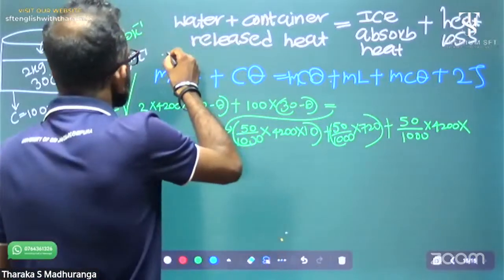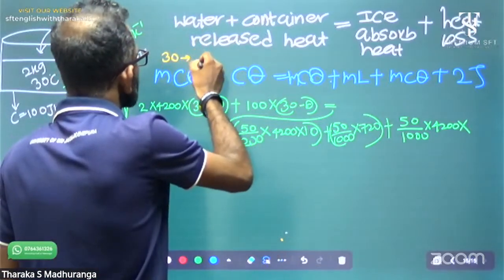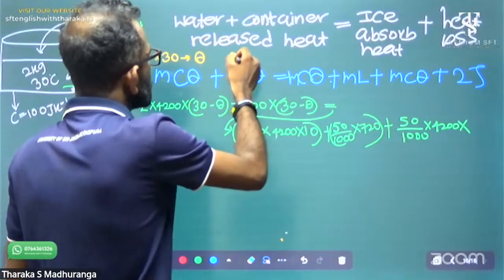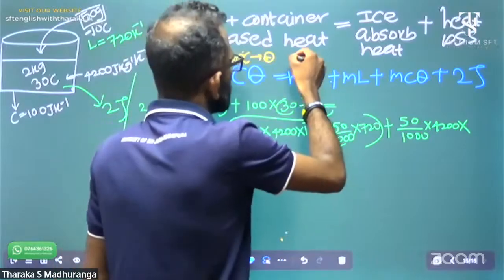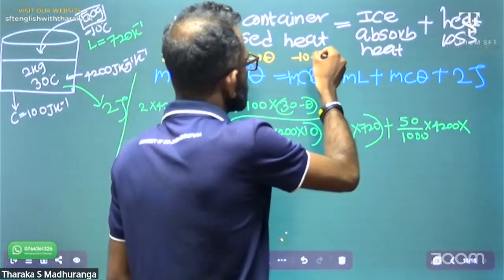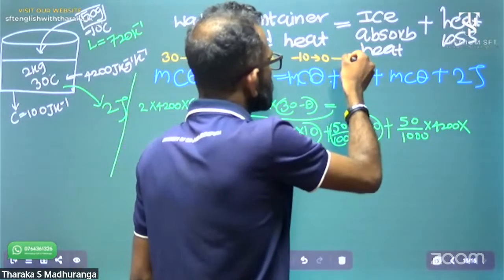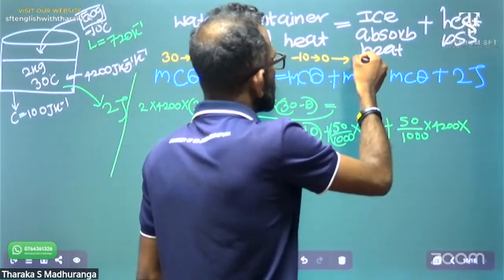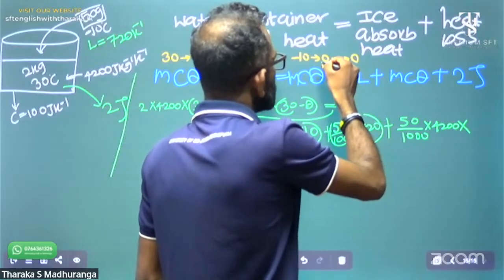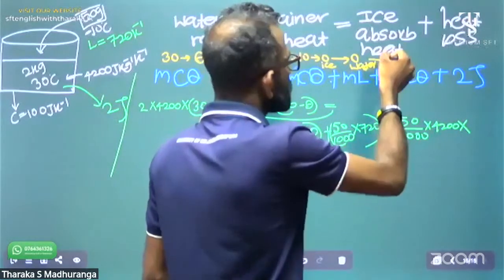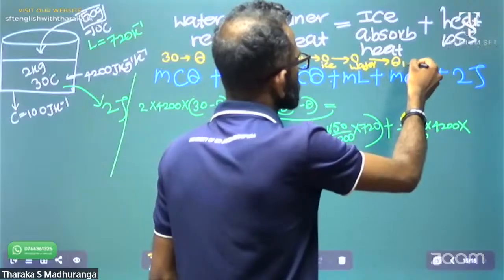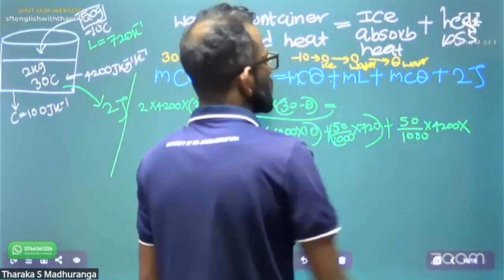The 30 Celsius water and container come to theta Celsius temperature. Now the minus 10 ice first converts into 0 ice, then 0 water. The 0 water converts into theta Celsius water.